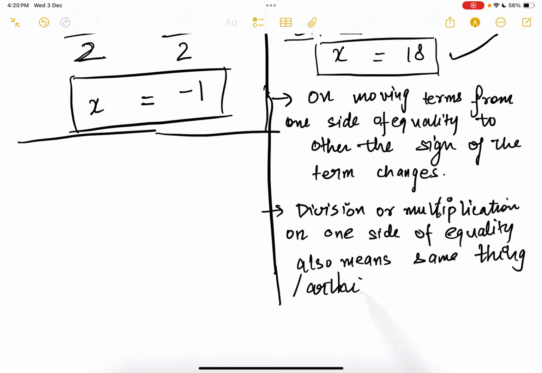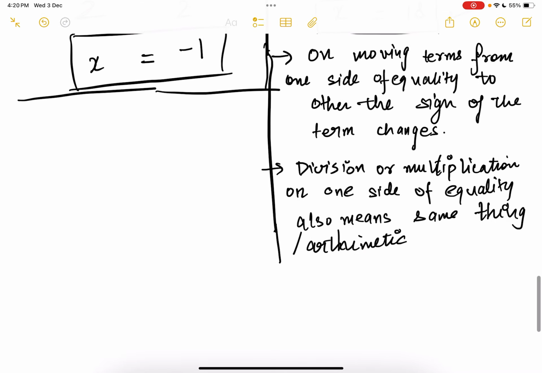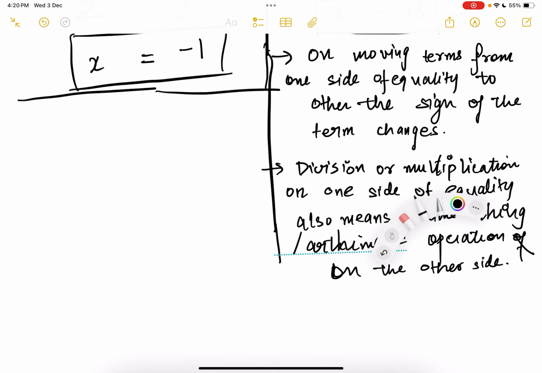I'm being a little bit complicated, but once we solve the question, you will not even need to see the rules. Same thing or same arithmetic operation on the other side. Okay, so that is what is.